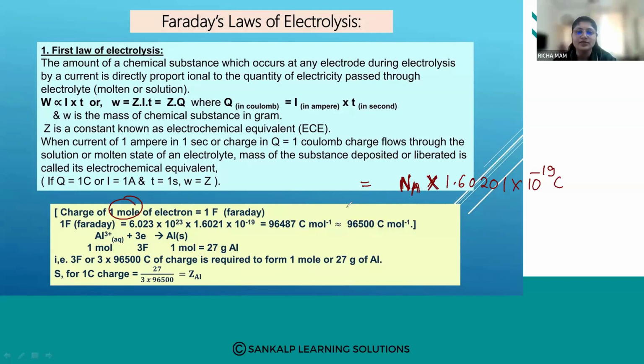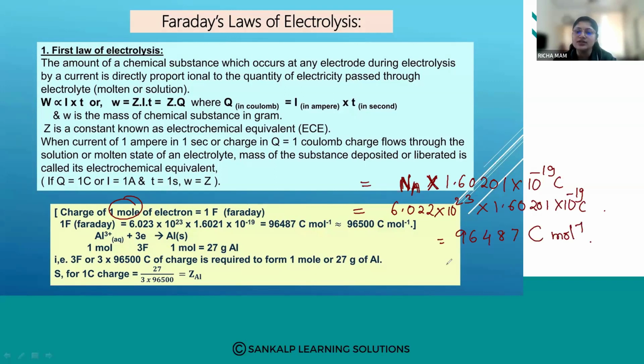So what is 1 farad then? If you calculate this, it is 6.022 into 10 raised to 23 into 1.602 into 10 raised to minus 19 coulomb. That is nothing but 96,487 coulomb per mole.